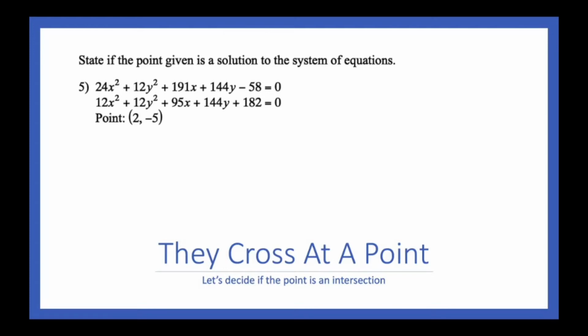I'm going to plug a 2 in for all the x's. I'm going to plug a -5 in for all the y's. Let's start with this one. 24 x squared.